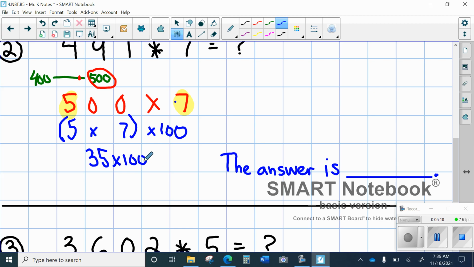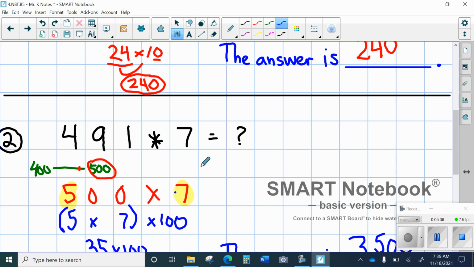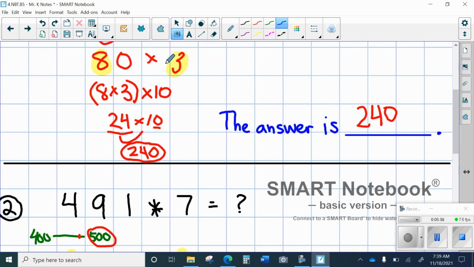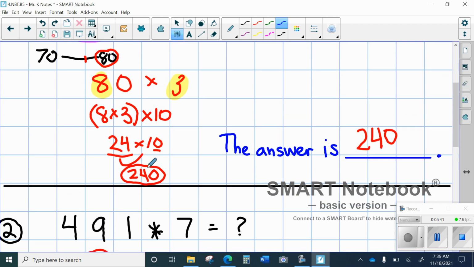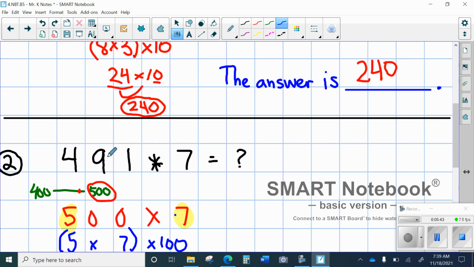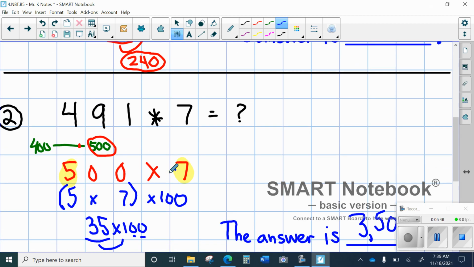So now I have 35 times 100. I know 35 times 1 is 35, and I have 2 zeros this time, so I have to write 2 zeros. So I have the answer 3,500. So my rounded answer is 3,500. Like I did in the first one, I rounded and then I multiplied.